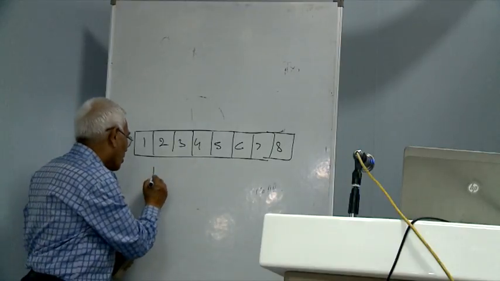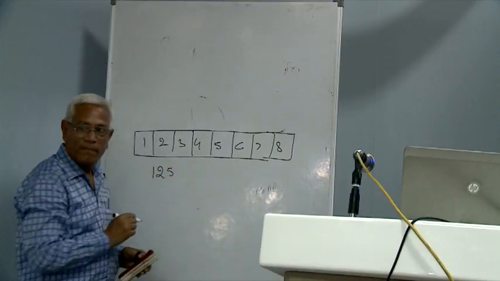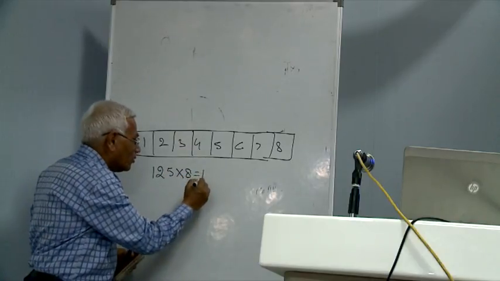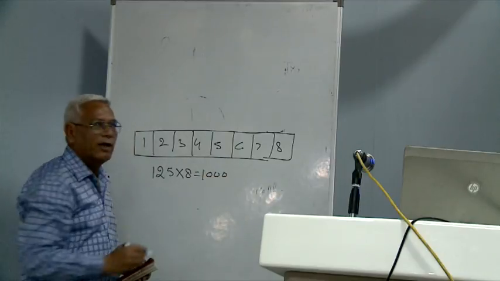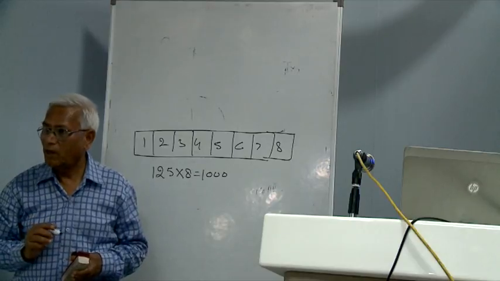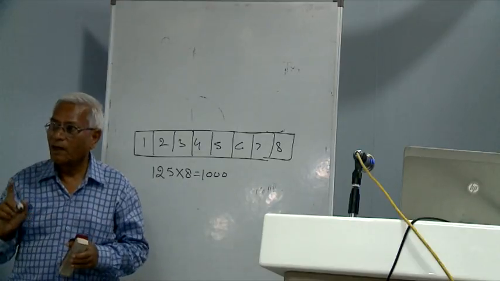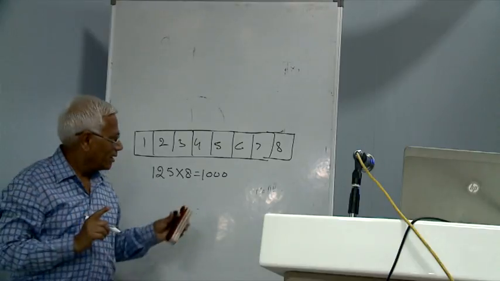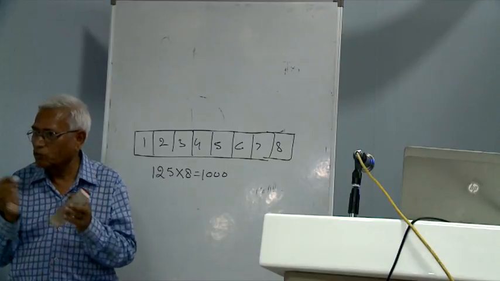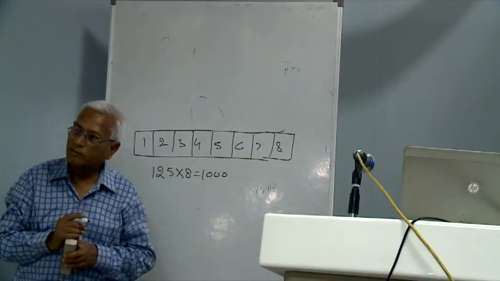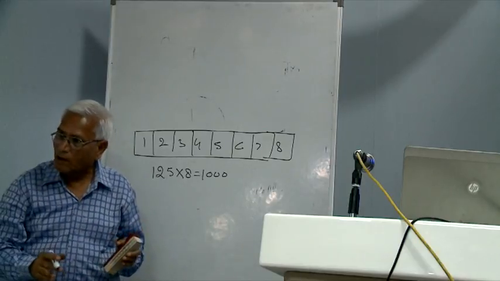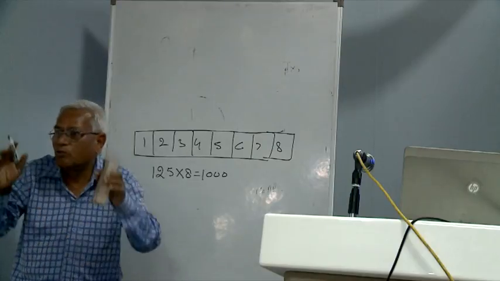You have 125 channels, and each channel has 8 slots. So 1000 people can talk at a time in a cluster. Listen, I'm talking about a cluster, not the complete system. In a particular GSM cluster, where you have taken the 10 megahertz spectrum, 1000 people can talk.